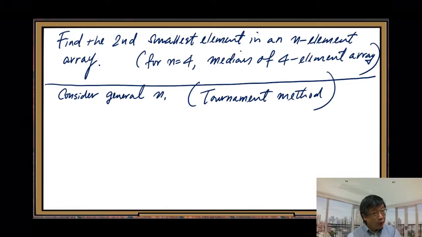It's a pretty good model, because for each game, we use that to simulate a comparison between 2 elements. The winner in our comparison, we mean the smaller element. Because for the second smallest, the first smallest is the champion, and then the second smallest is just the next, second best below the champion.